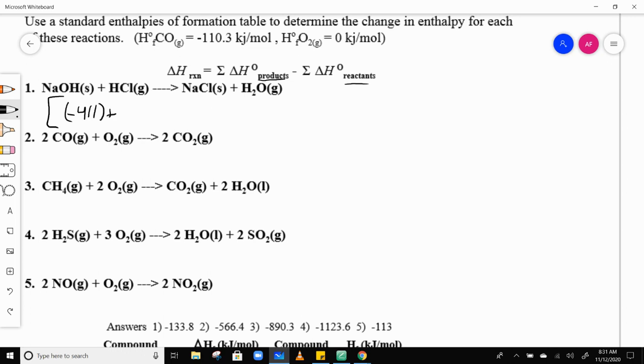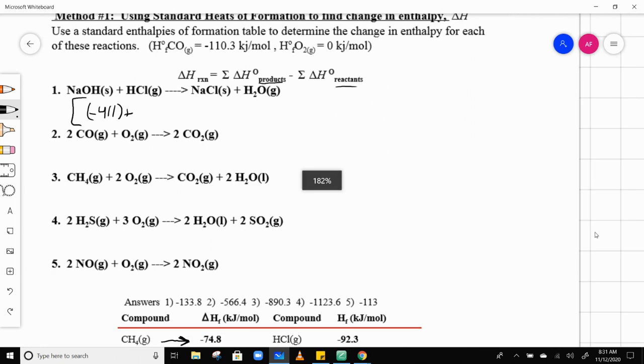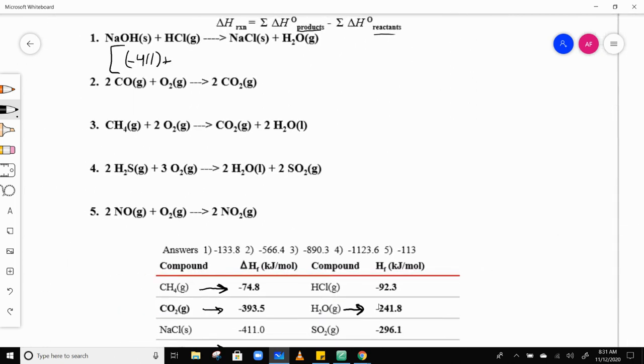Then we add to that the delta H of formation of H2O gas. Make sure it's the gas one. H2O gas is negative 241.8. That's the sum.